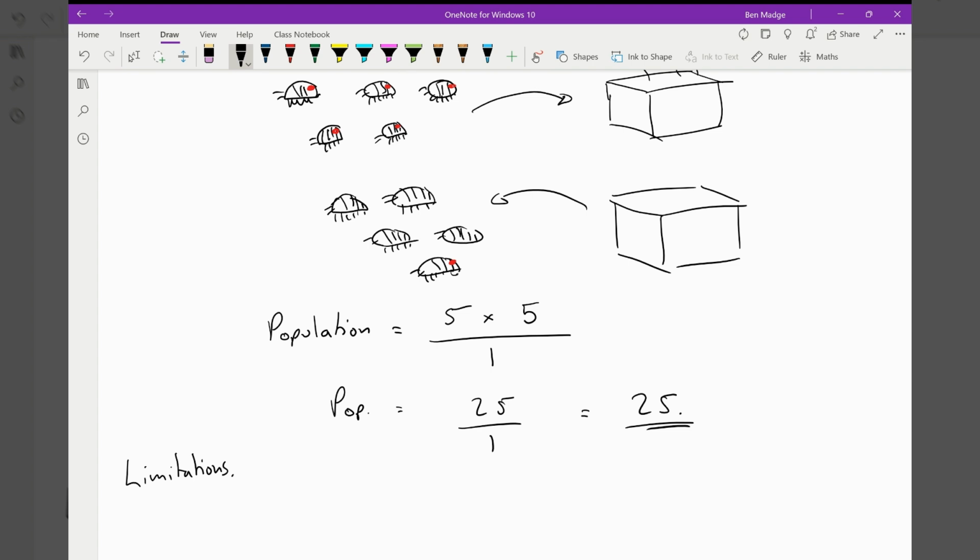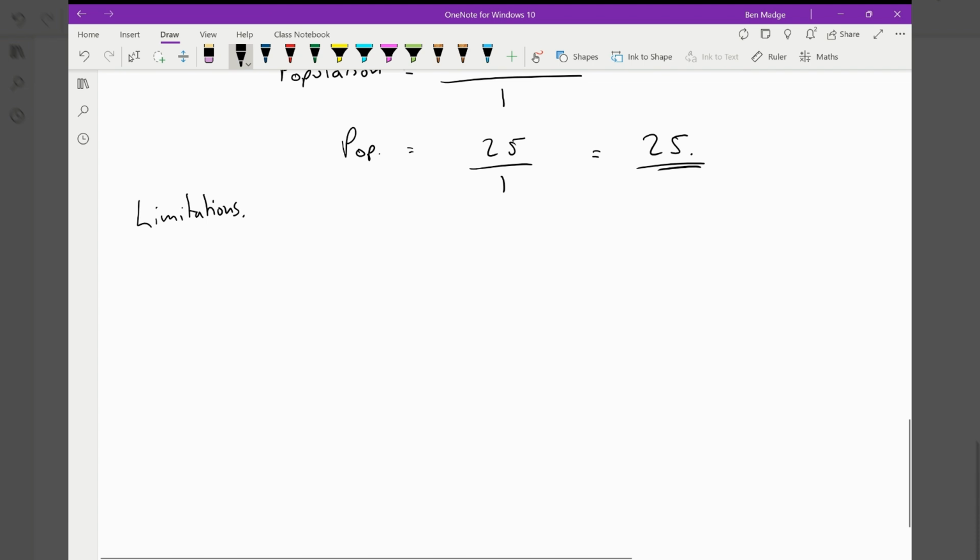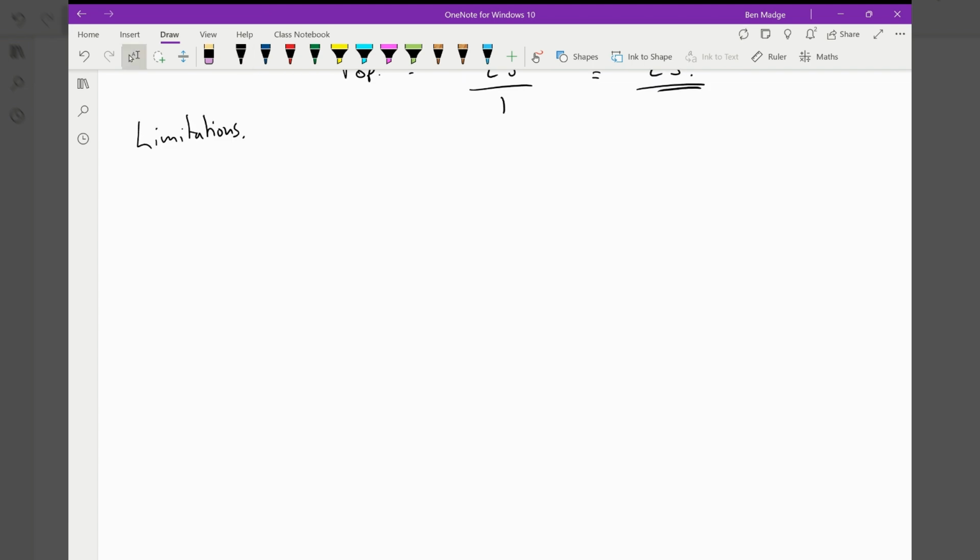Now there are some limitations to the Lincoln's index, and it's important that you are aware of these so you can quote them in an exam, or if you're doing this for real life. The organisms need to be mobile, so they can freely distribute themselves, and you need to be able to catch them.